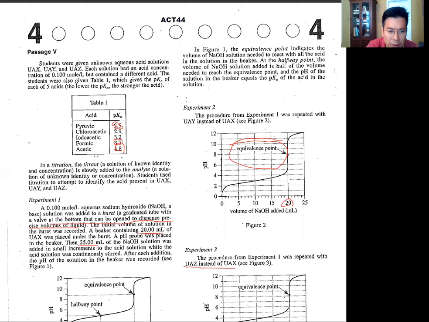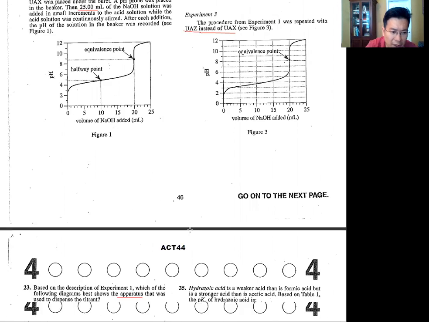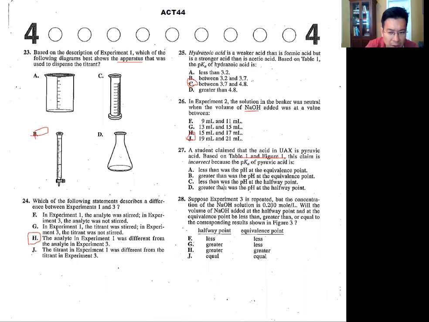And then the equivalence point indicates the volume of solution needed for reaction. At the halfway point, the volume added is half of the volume needed to reach the equivalence point. The pH of the solution in the beaker equals the pKa of the acid in the solution. Okay, pKa is 2.5, the half point is about 5, pH is higher. That's why it is C.